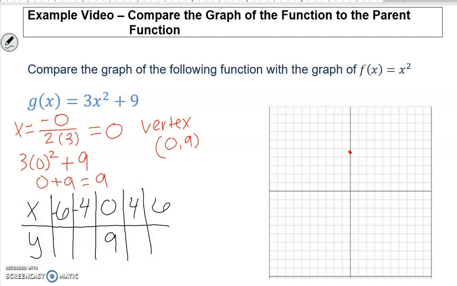So if I put negative 6 into my function, negative 6 squared is 36 times 3. Oh, it's a really big number, so I don't even want to graph that one. So I'm going to choose different numbers.